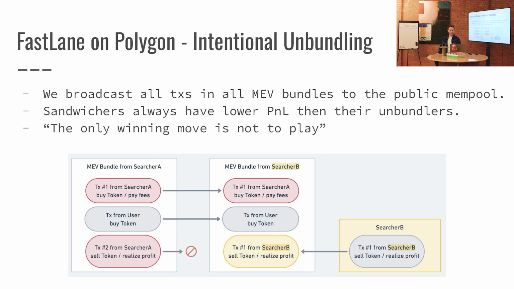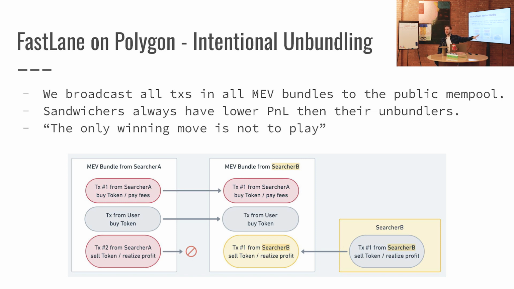And what this does is by broadcasting all transactions and all MEV bundles to the public mempool, we create this scenario where if there is a MEV bundle from the first searcher, and then we've got this second searcher, searcher B over here, searcher B can always take searcher A's bundle, remove searcher A's backrun, and input their own backrun.